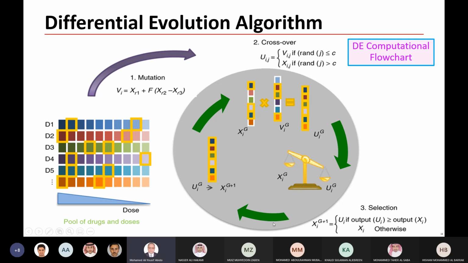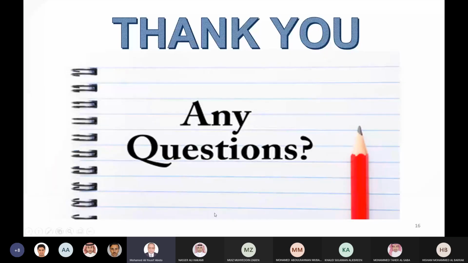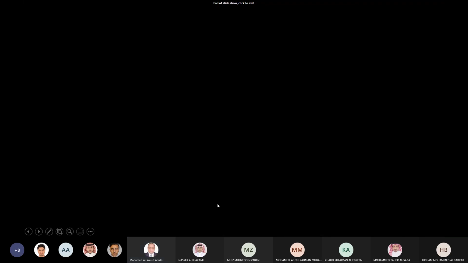Otherwise, we select the parent, and then we go to generation plus 1 and so on. You create and circulate here. So this is again what we described earlier. This is the differential evolution.